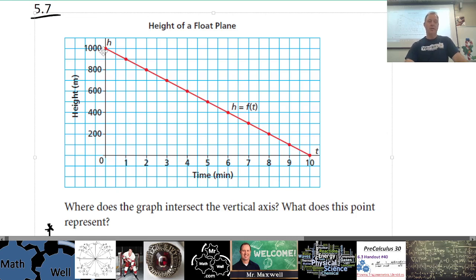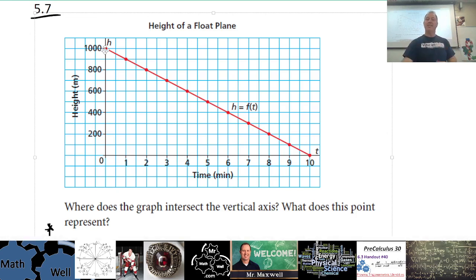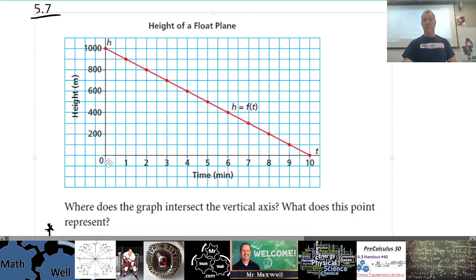Touching down. Okay. This point wouldn't represent touching down. Touching down would be at a height above the lake of 0. So that's on the other end of it. We'll get to that. So you corrected yourself. What did you say? Start of descent. Yes, it's the height of the plane at the start of the descent, or at least at time 0. Okay?